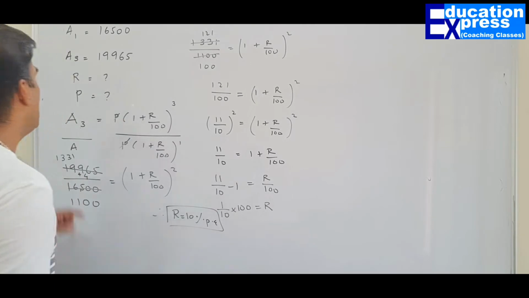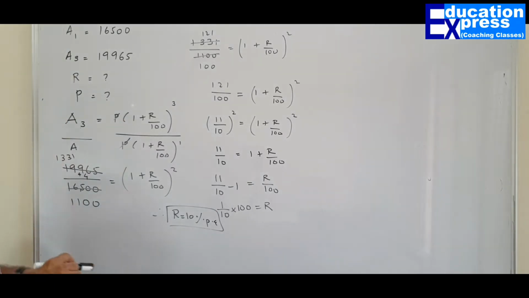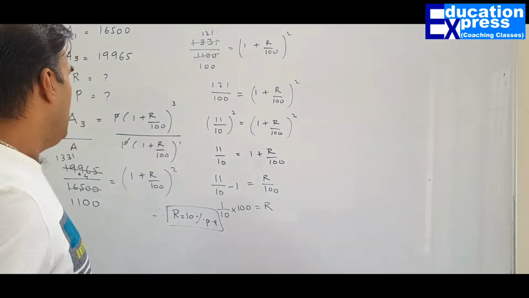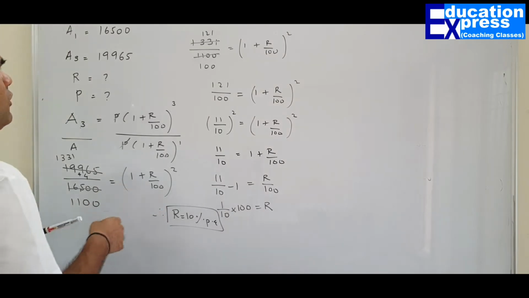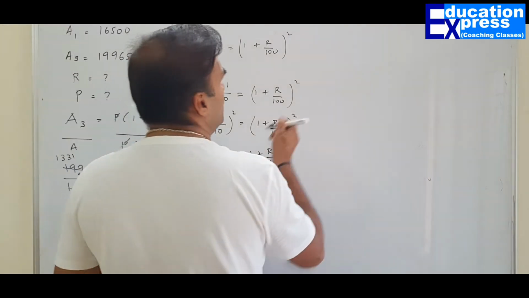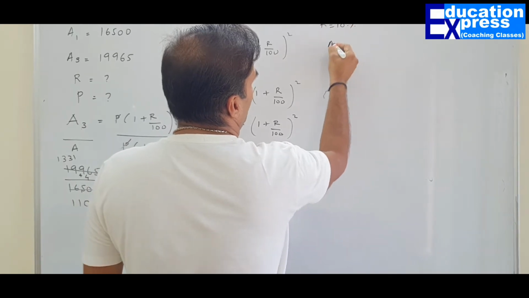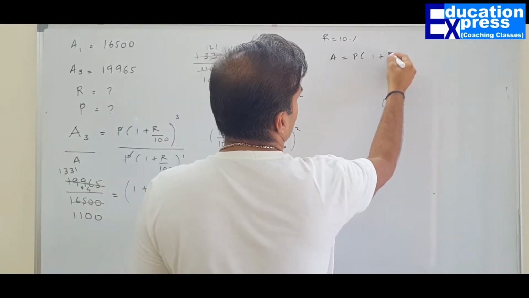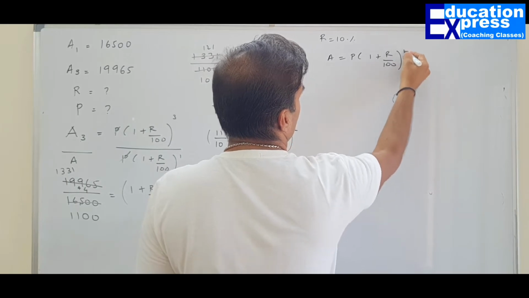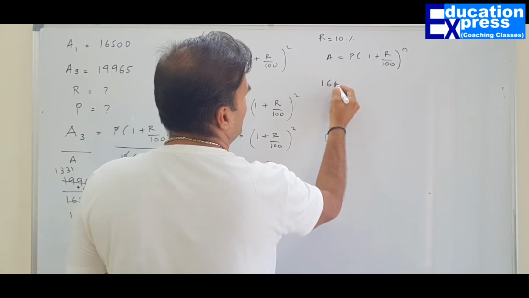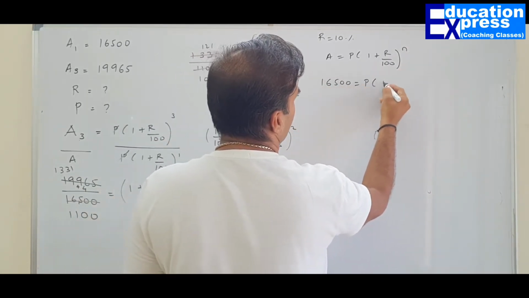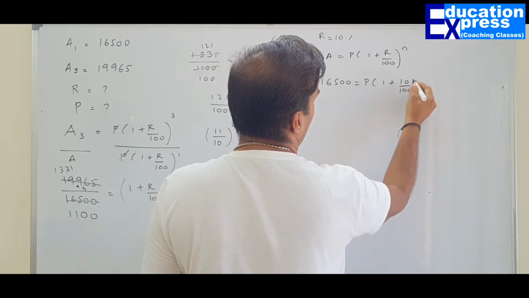So we found out the rate, but we have not found out the principal. But then shouldn't it be very easy for all of us to find out the principal also, because rate is known to us? Rate is 10%. So amount equals principal (1 + R/100)^n. Amount is 16,500, principal is not known, rate is 10%.